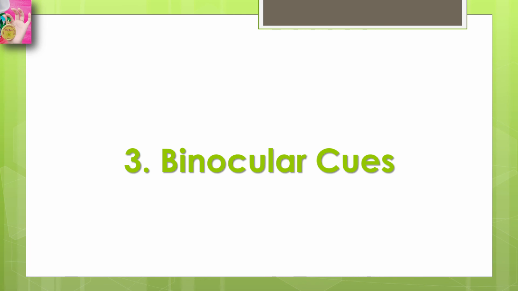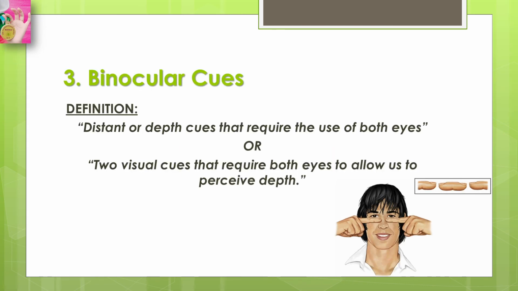We have discussed monocular cues in great detail and all the topics that come under monocular cues. Now, the next term is about binocular cues. And one thing I would like to mention here is that monocular cues are also known as secondary cues, and binocular cues are known as primary cues. I've included two definitions of binocular cues.